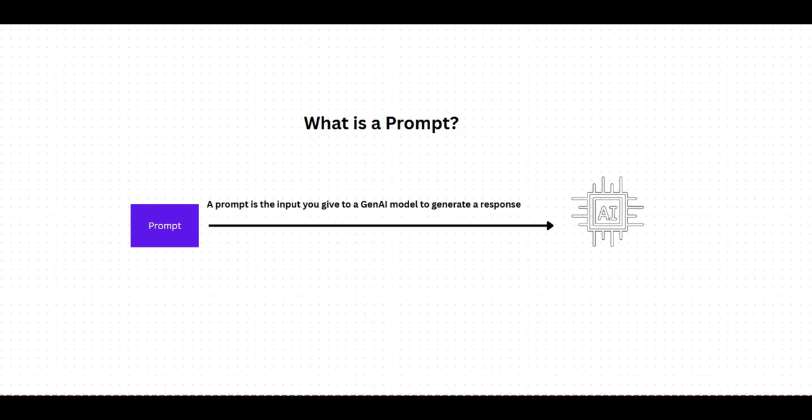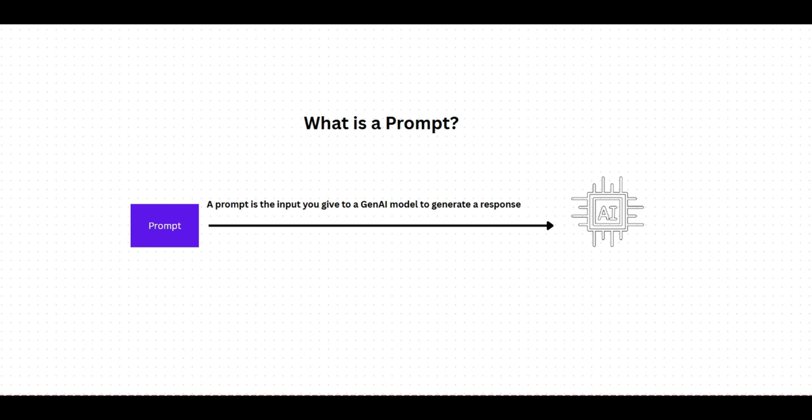In phase 2 that we have seen, there is one question that most often comes to our mind: how to structure prompts, or prompting with generative AI. Before diving into prompt engineering, let's first understand what a prompt is and the basics of structuring one. A prompt is simply an input you give to a generative AI model to get a meaningful response.